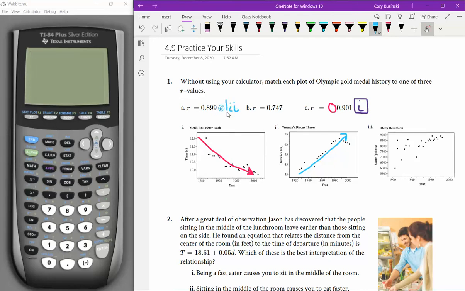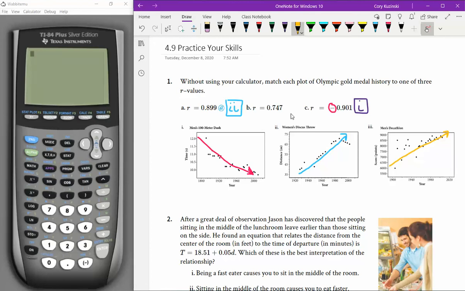0.899. So 1 would be a perfect positive correlation, whereas 0 is no correlation. This is certainly not no correlation here on this last one because I can see a positive relationship. It's just that the data is more spread out than this, which is really close to a straight line, at least at first.